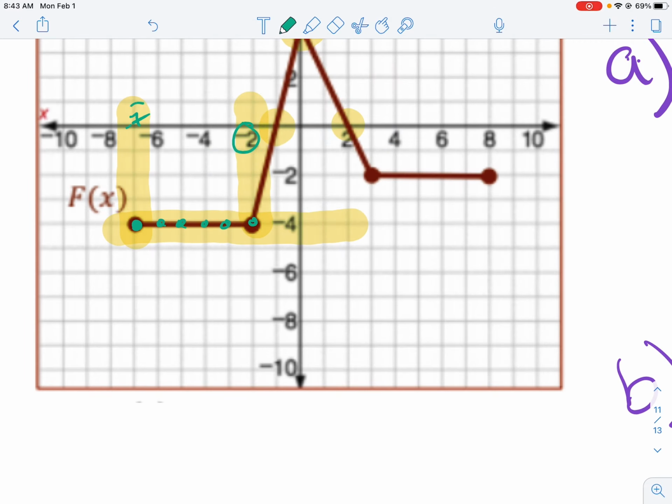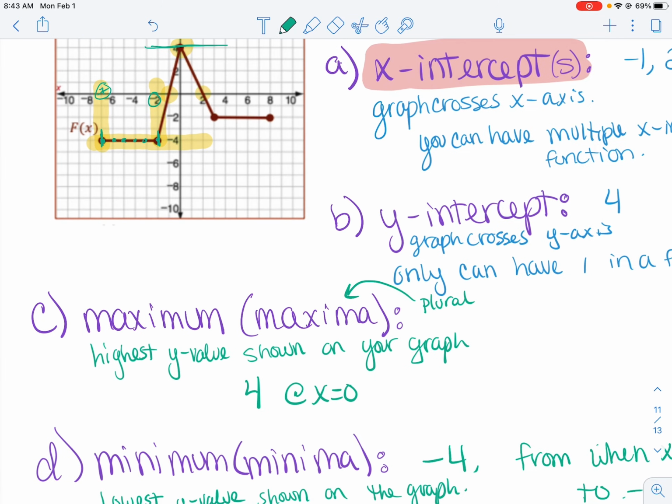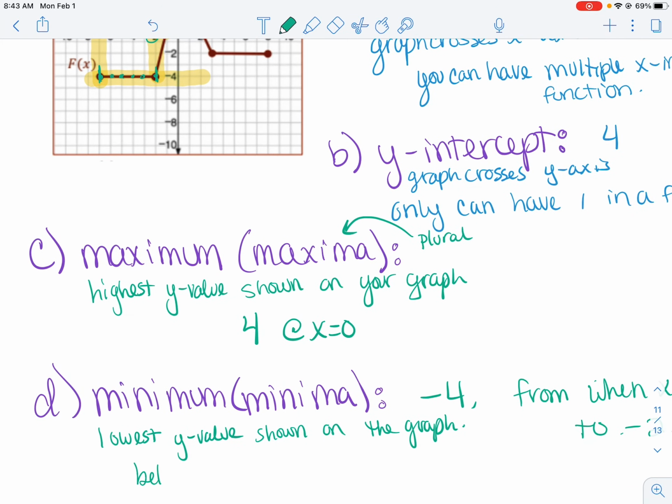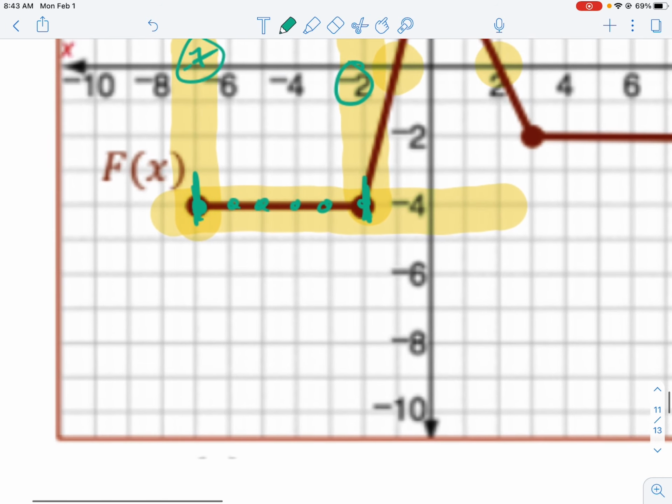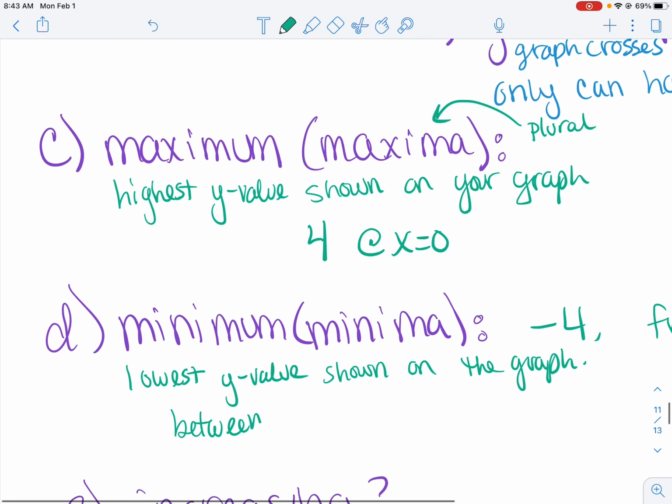That value is giving you a minimum the whole time. All those points are the lowest we can possibly get to. So you could also say between, you actually list out those points. This would be the point -7, -4, and this would be the point -2, -4, okay?